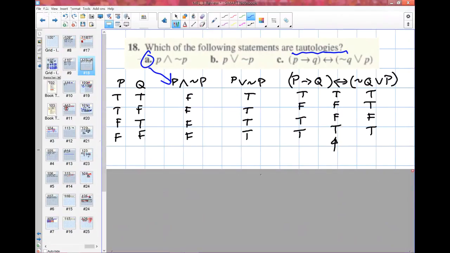Turned out to be all falses. Here's B. Look at that. That one works. And finally, C did not work. So B is the tautology.